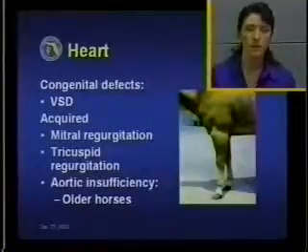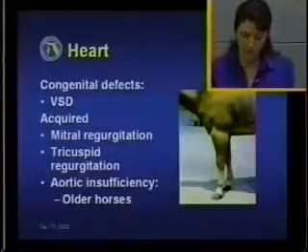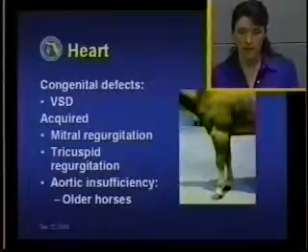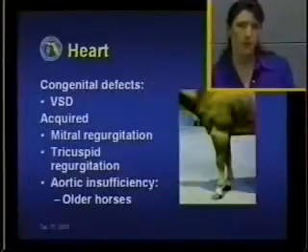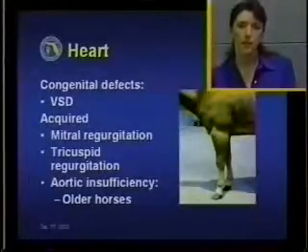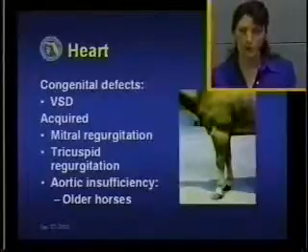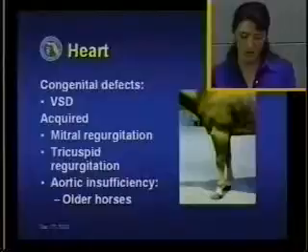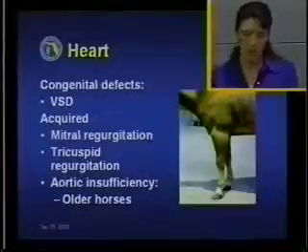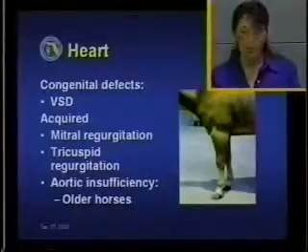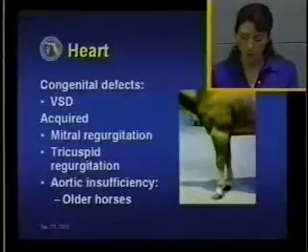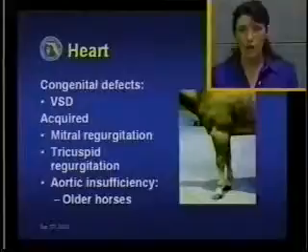Acquired conditions that affect the valves in horses can affect the mitral valve, and in cases of bacterial endocarditis, the valves can become deformed to the point where they become incompetent. So clinical signs associated with mitral regurgitation, which is one of the most common valvular problems that horses acquire throughout their life, will be poor performance and cough.